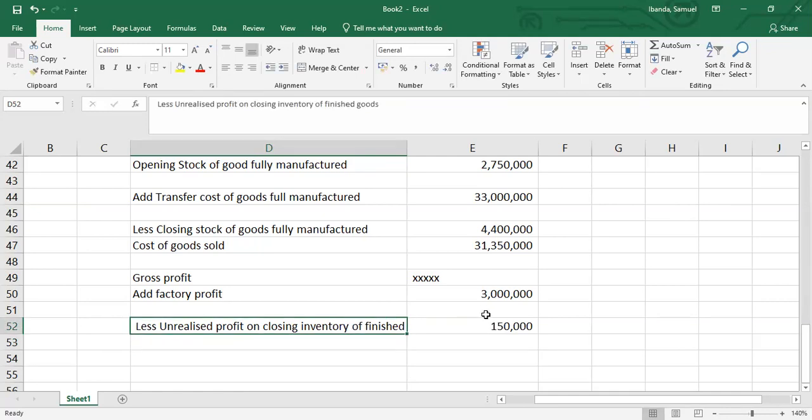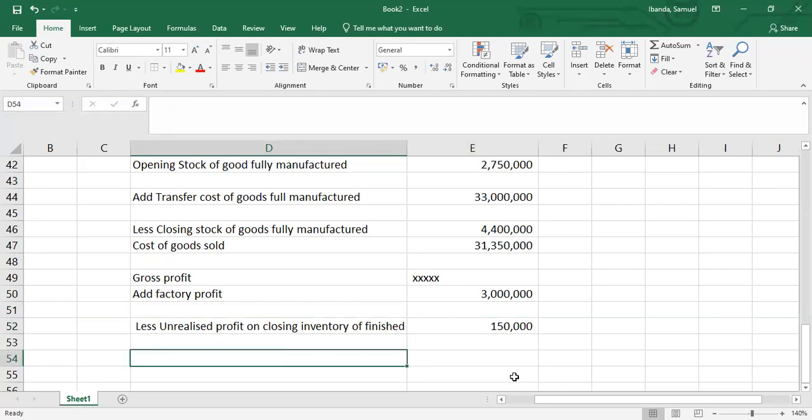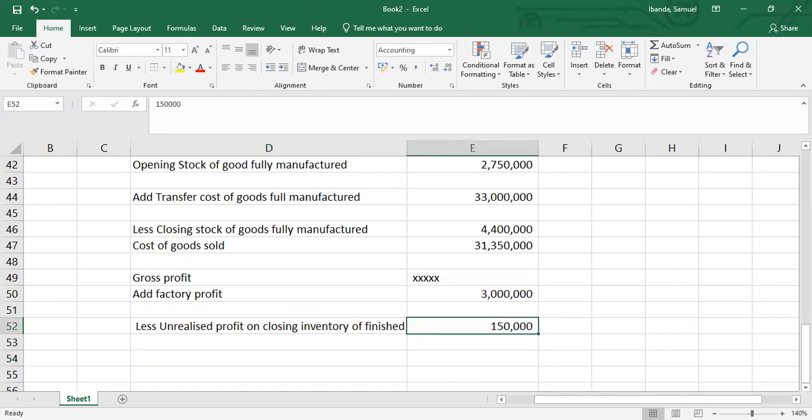So it's good to distinguish the two things, even in the exam. Once we have done that, we should be able to determine our overall net profit, in case we also had other expenses to deduct. But just to understand, this is just an extract.